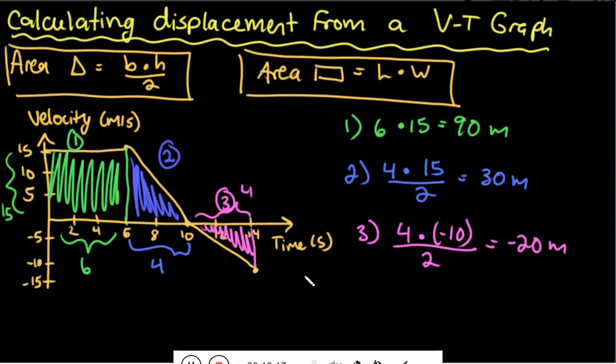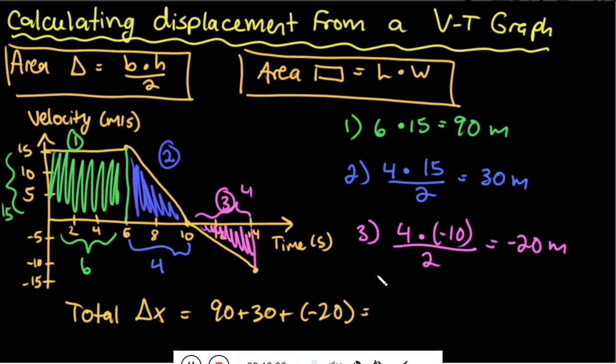But what if I was asking for the total displacement? Well, if I was asking for total displacement, then I would simply take all of these numbers and add them up. So 90 plus 30 plus negative 20, and I would get, so 90 plus 30 minus 20 gives me 100 meters.